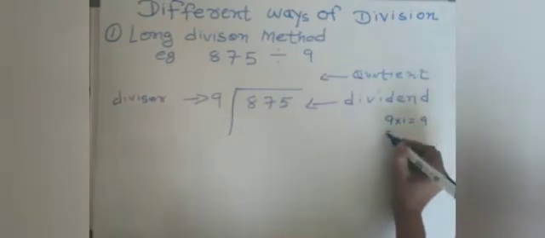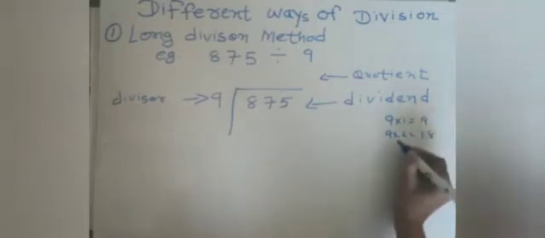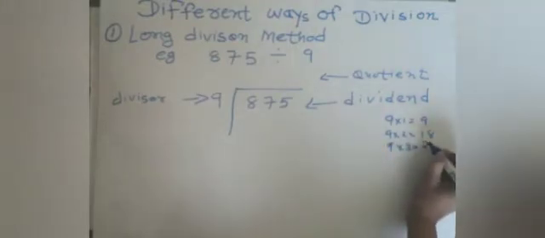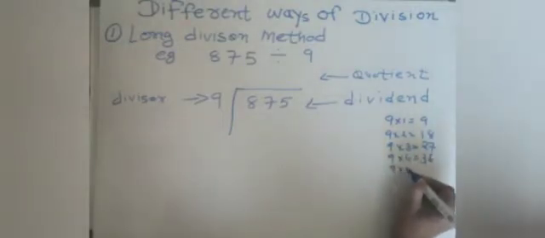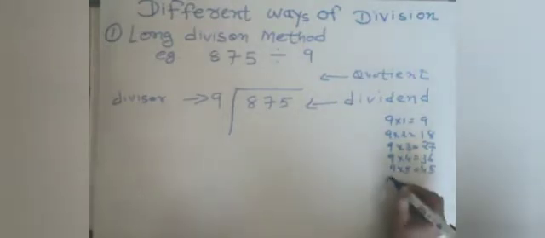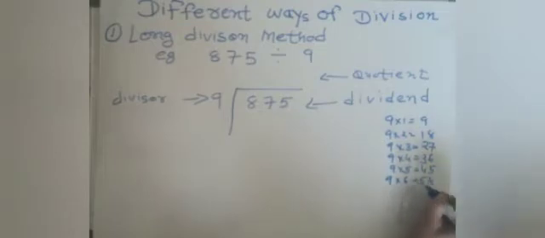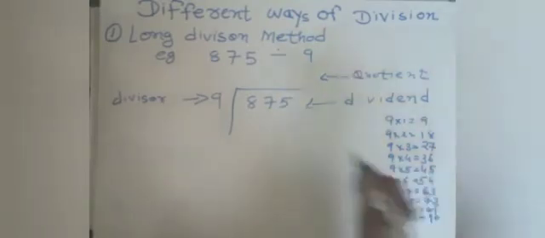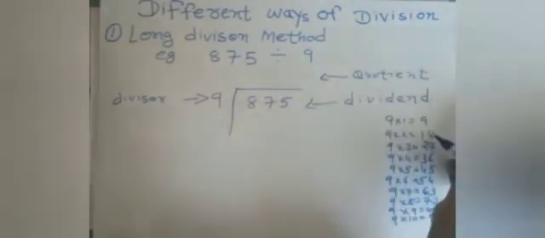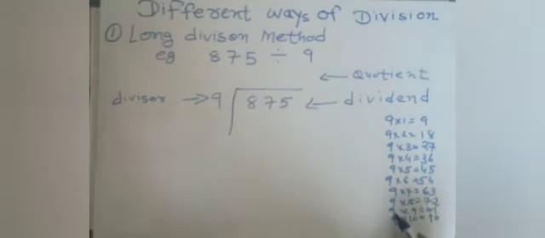See here, 87 is not exactly divisible by 9. So we will take 9 nines are 81.